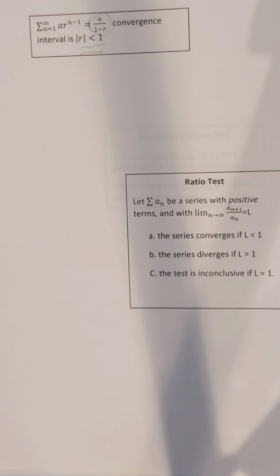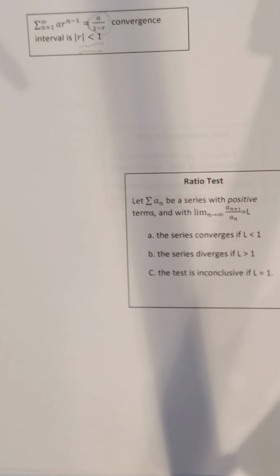The ratio test allows us to create an R, an arbitrary R, like magic here. I've got an R, and to pause it, make sure you have this written down if you can't find your copy of the flashcards. Okay, the example I'm going to do is from page 511, number 10.